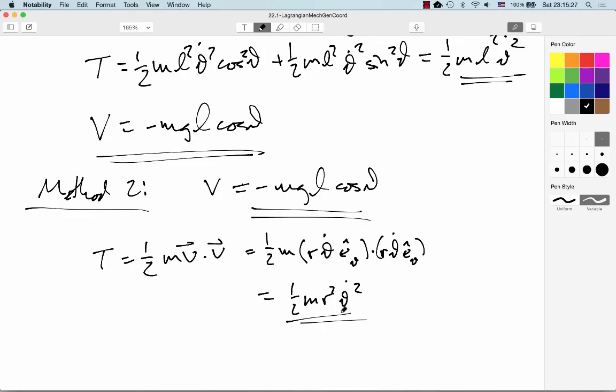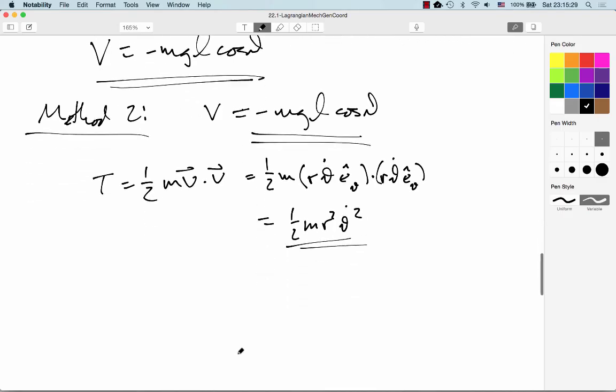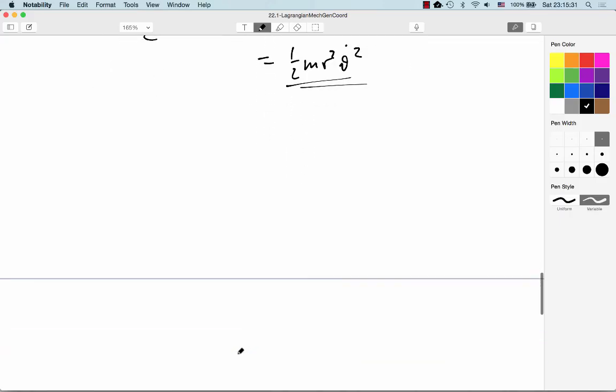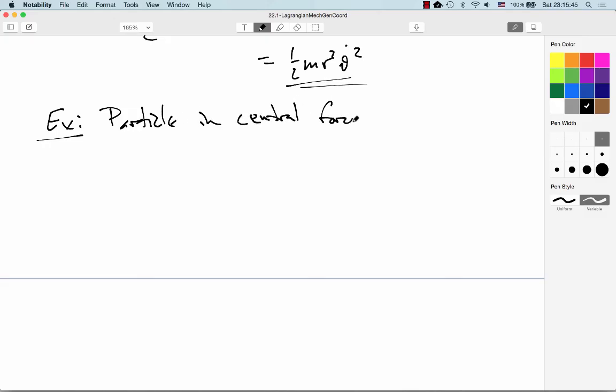All right. Let's go ahead and do one more example to close out this particular video. Let's say we have a particle in a central force field, constrained to move in a plane.